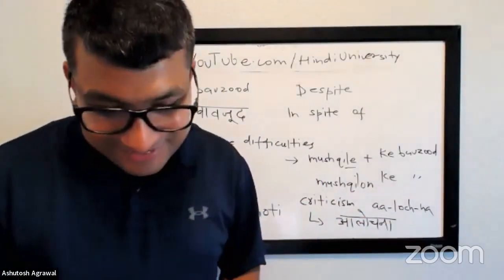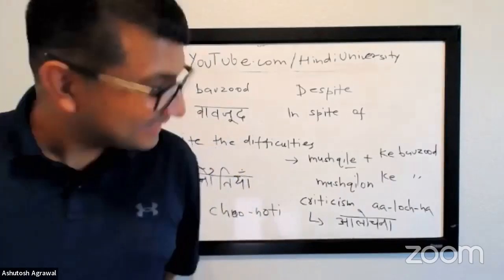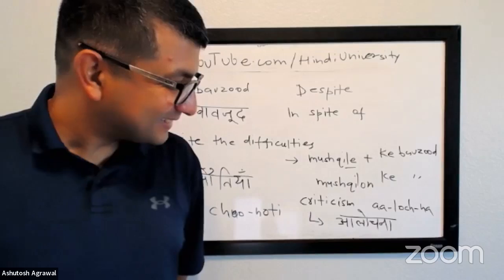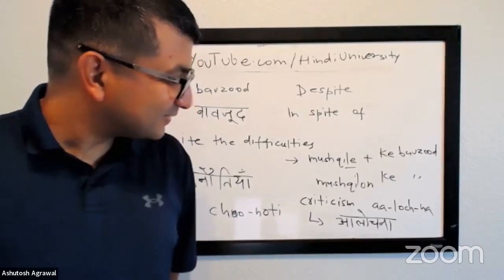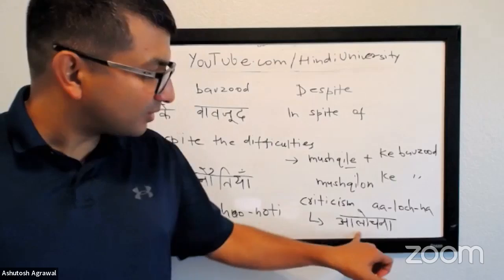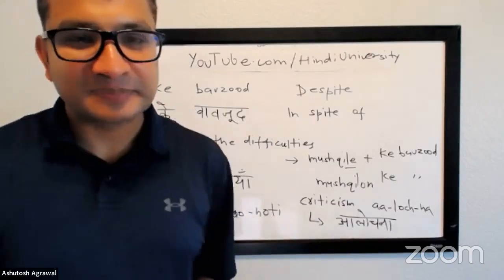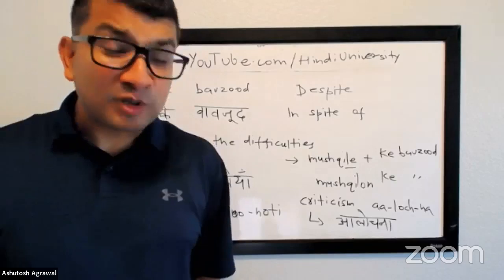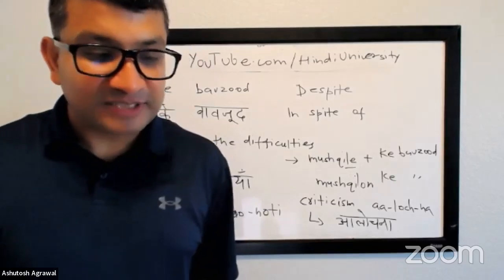So I have a question with criticize. Rahul Gandhi criticizes Modi all the time. How would you use the word? You use Alochana karna. For example, if you are critiquing a policy, then you can say uski samiksha karna.